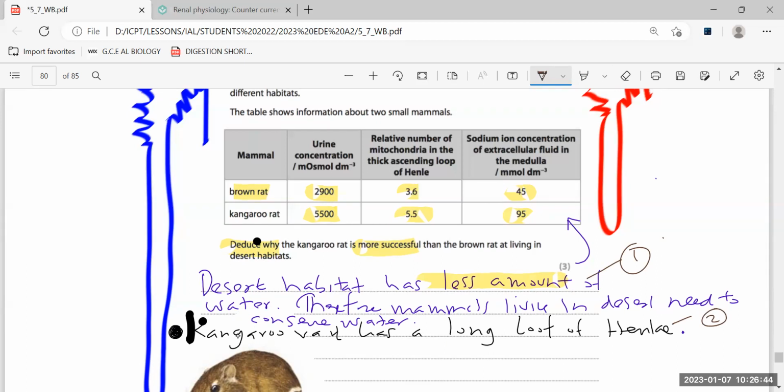In this particular question it is not allocated a mark. But we should remember to add additional information because we never know what is exactly in the marking scheme. It may be there, it may not be there. And no harm, we can quickly write these two sentences, and then we start to use the data in the table.